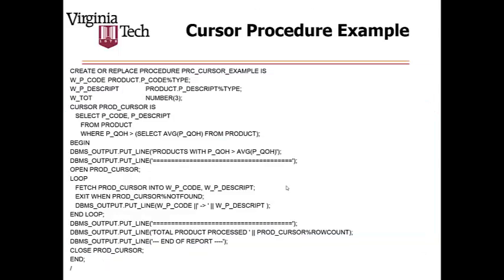Well, so here's a procedure example that looks kind of similar to the last one we had, but it uses a cursor, where the first thing you do is declare your cursor here. This is a select statement that's going to return a set of rows, and those rows are going to be our cursor.